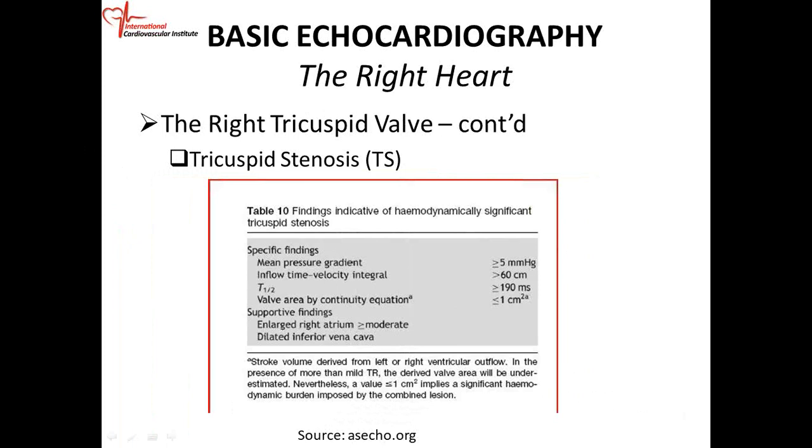And it's either significant tricuspid stenosis or minimal tricuspid stenosis. So for significant tricuspid stenosis, the mean gradient across the tricuspid valve is usually greater than or equal to 5 millimeters of mercury.